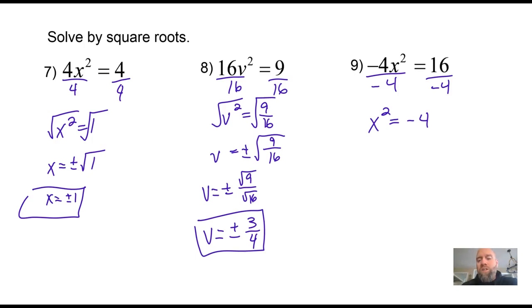And some of you might start to realize, oh, something's going to happen here. If I take the square root on both sides, I would get x is equal to plus or minus the square root of -4. Well, when you get to Algebra 1, you don't know how to do, or we won't teach you how to deal with a negative inside of a square root. And you will learn how to do that when you get to Algebra 2.